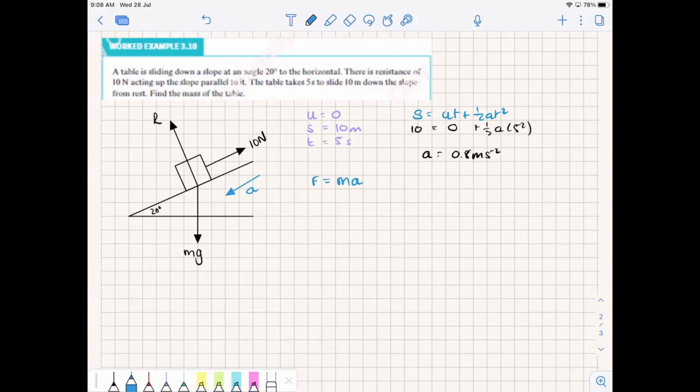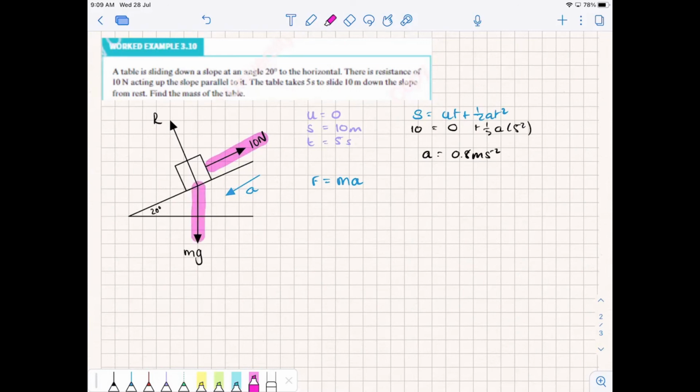If we have a look at the acceleration of this table, we can see that the contact force is acting perpendicular to the acceleration. In other words, the contact force is not a factor in determining the net force in the direction of acceleration. What will play a factor is this resistance force over here, because it's parallel to the direction of acceleration.